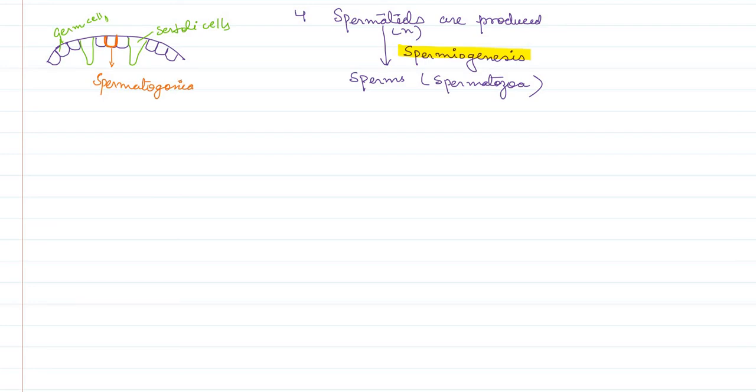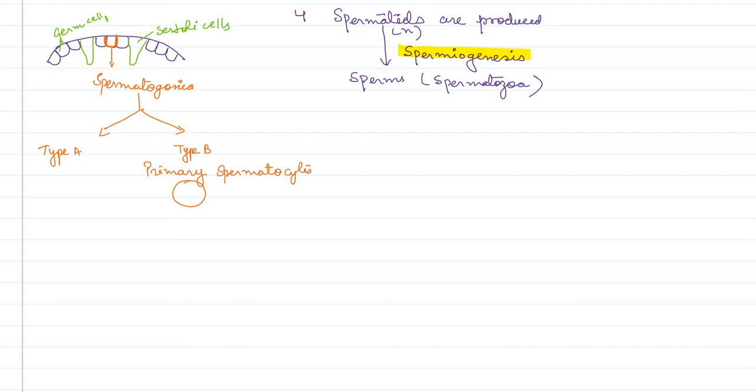Okay, the spermatogonia undergo mitosis division to produce two types of cells, type A and type B. Okay, type B is primary spermatocyte, primary spermatocytes were produced.